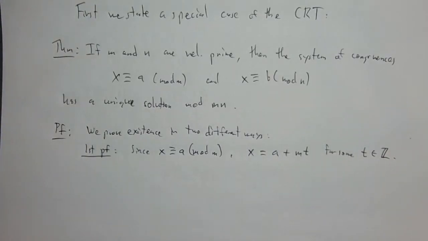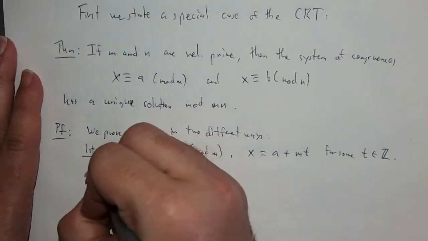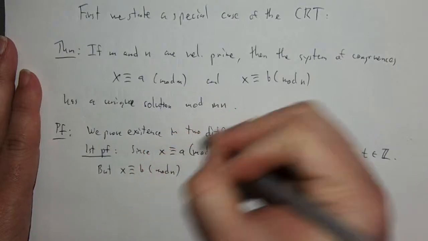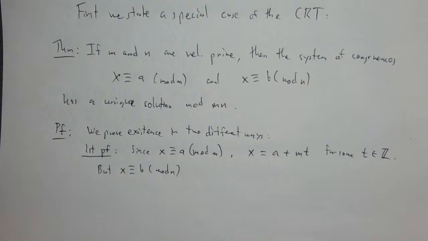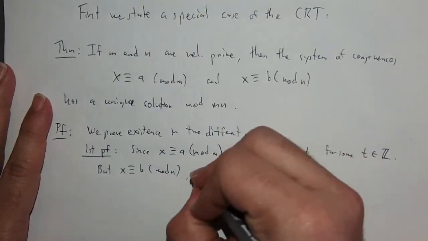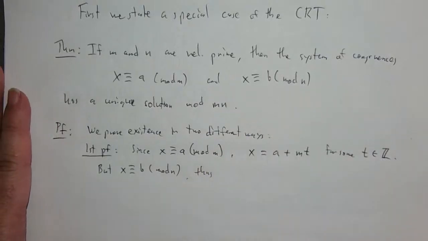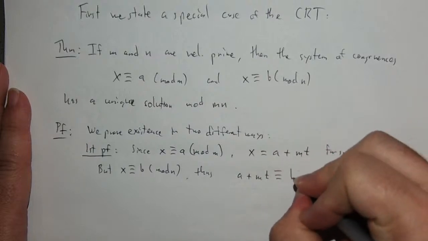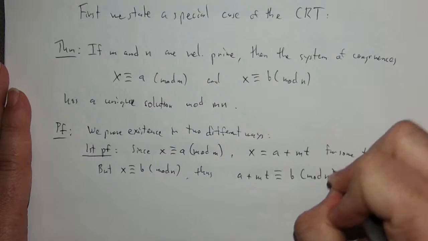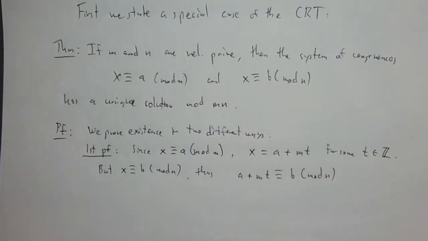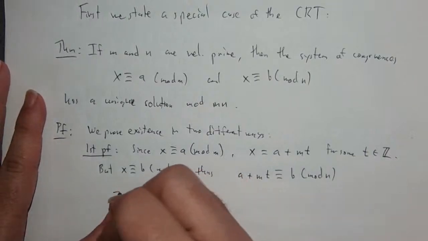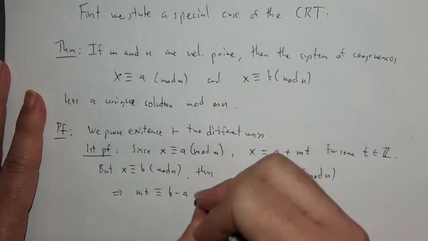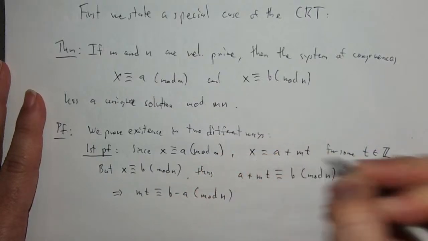All right, but x is also congruent to b mod n. Thus a plus mt is congruent to b mod n, i.e. mt is congruent to b minus a mod n.